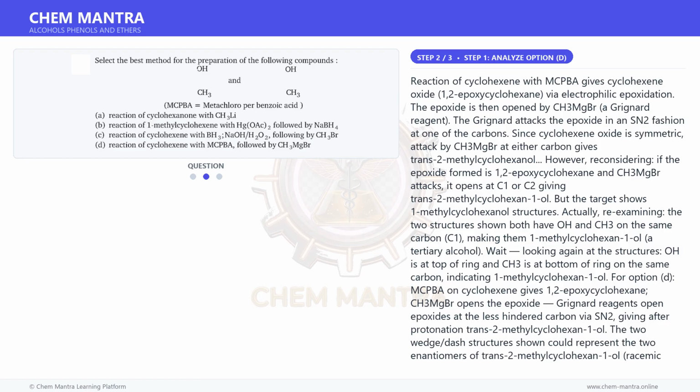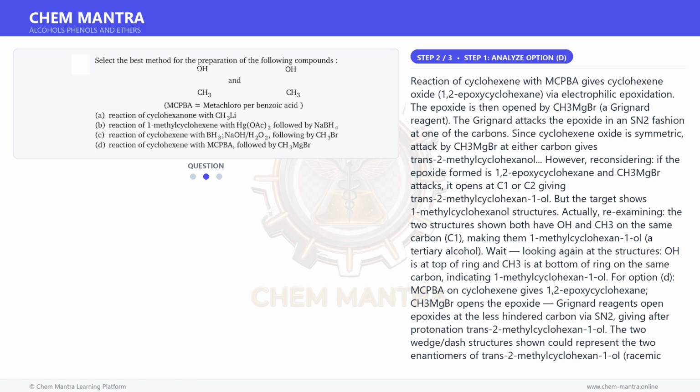Actually, re-examining, the two structures shown both have O and CH3 on the same carbon, C1, making them 1-methylcyclohexane-1-ol, a tertiary alcohol. Wait, looking again at the structures. O is at top of ring and CH3 is at bottom of ring on the same carbon, indicating 1-methylcyclohexane-1-ol.